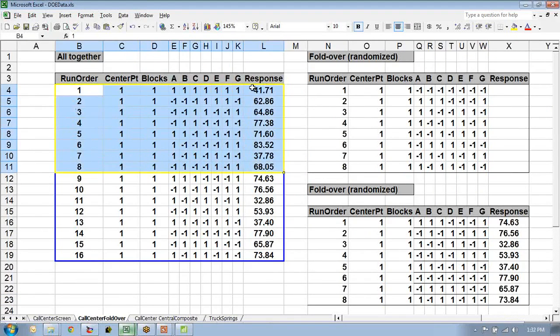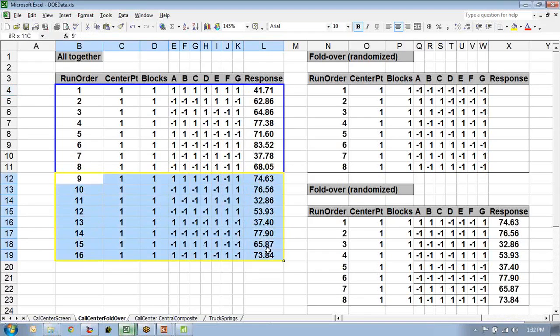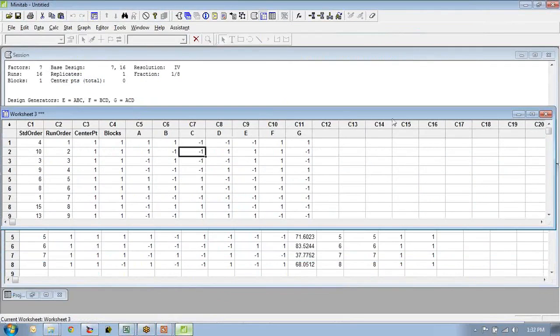A 2 to the 7 would be 128, so there are lots of blocks of 8 in there. All we would have to do is find another block of 8 that's in that 64.